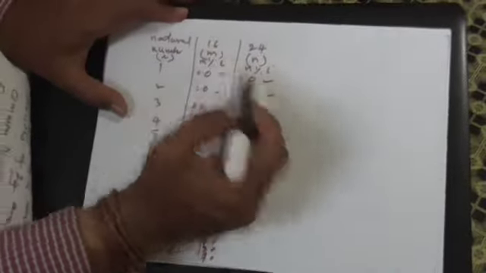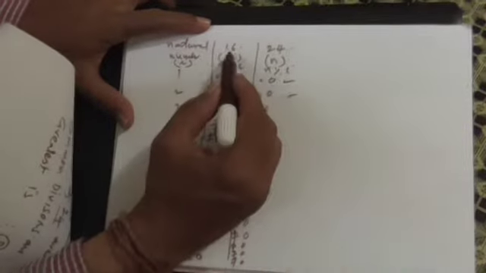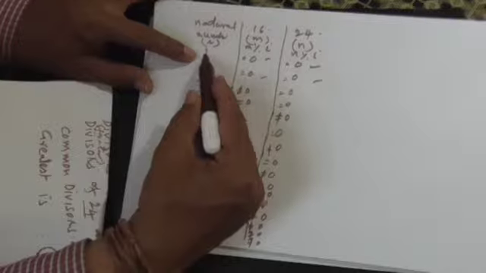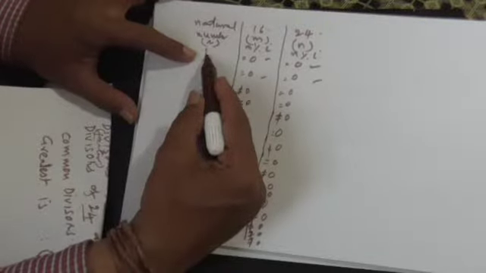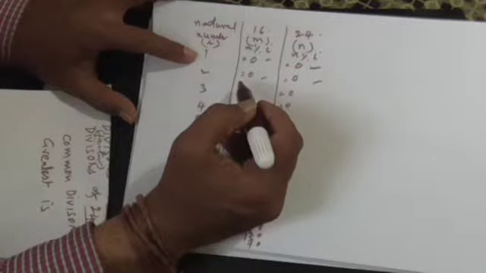Let me take an example. The numbers I am going to consider are 16 and 24. I say m is 16 and n is 24. For my sample case I am going to generate natural numbers from 1. First I generate 1, which divides both 16 and 24.